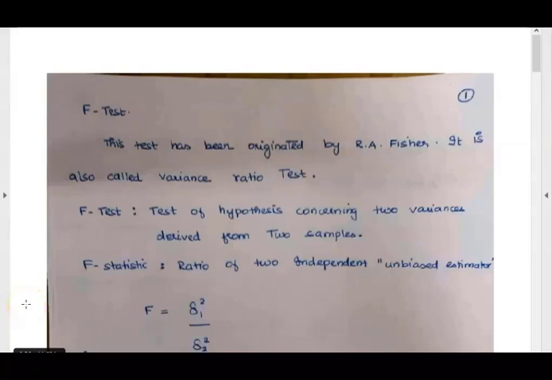Now, let's see an example test statistic method with an illustration. The method that we are going to see here is the F-test.